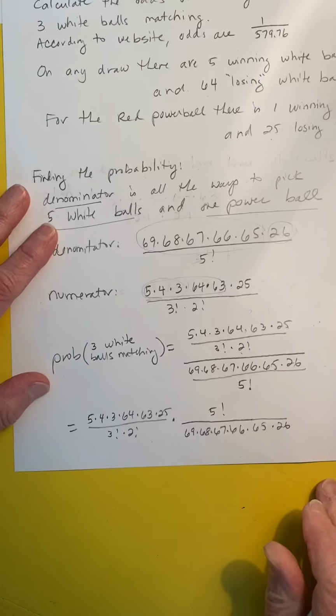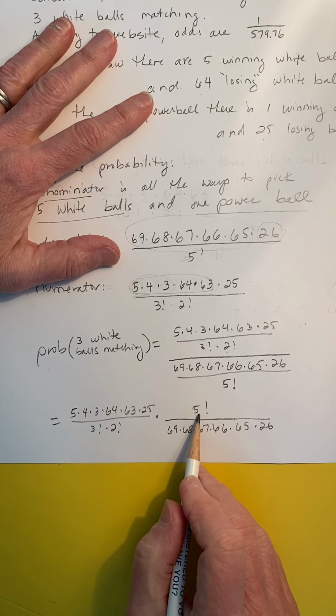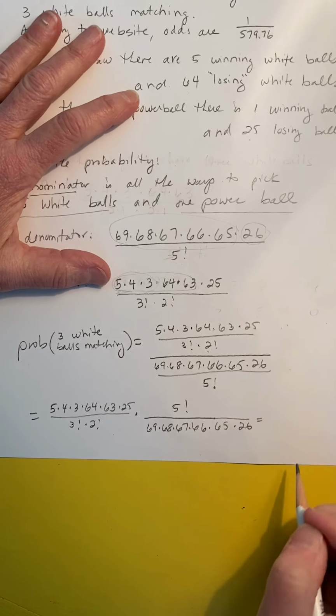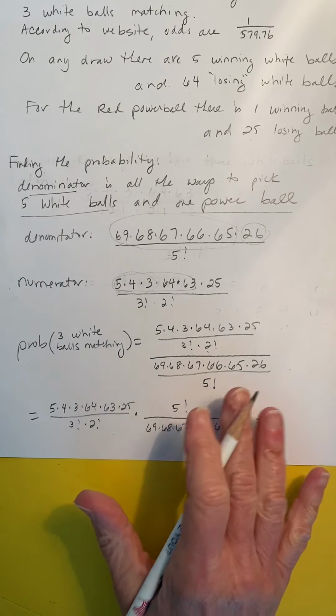Let's think about what 5 factorial is. We get a little reducing here, and then I'm going to use my calculator. 5 factorial is 5 times 4 times, I'm going to go onto another sheet of paper.